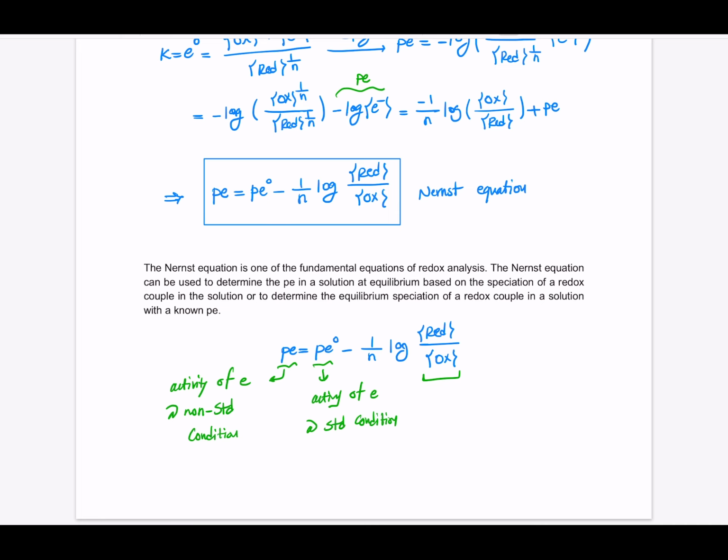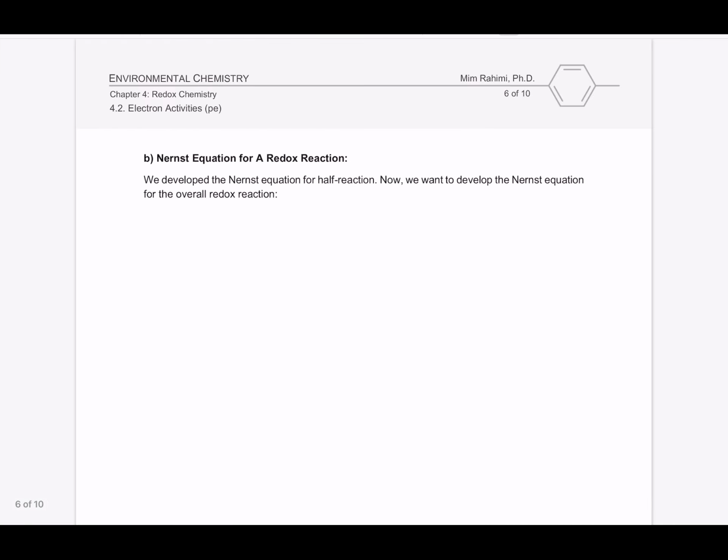So now we did it for half reaction, the same thing we do for a redox reaction. So basically a Nernst equation for a redox reaction. So this would be also pretty straightforward.